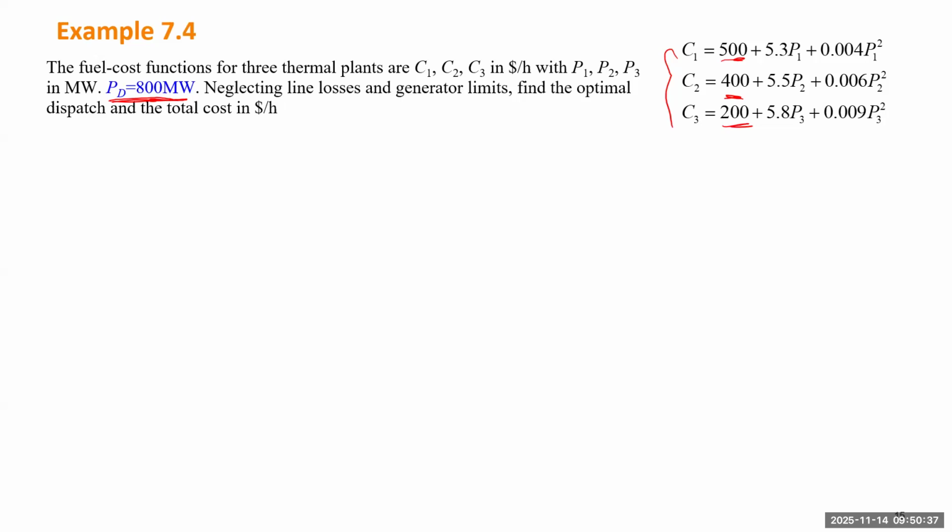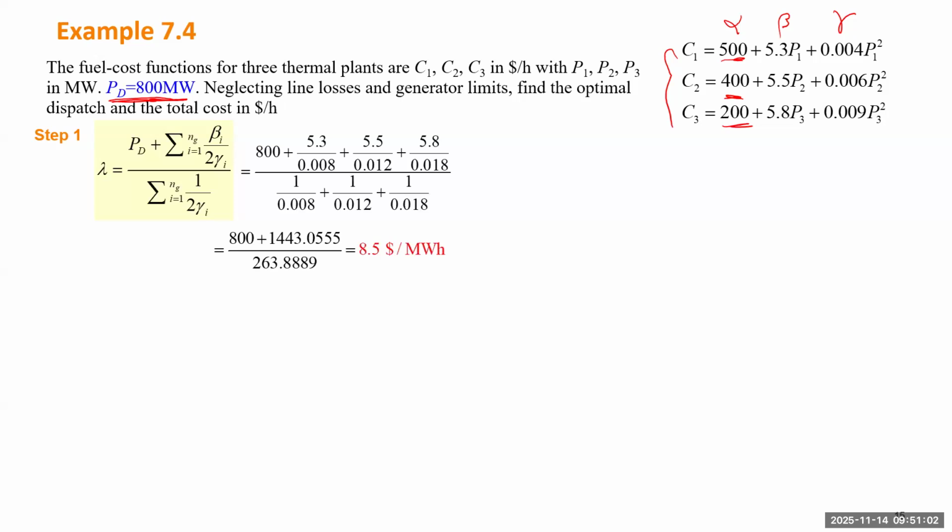So how do we solve this problem? Step 1, we just calculate the lambda because all the values are given. So here, this is alpha, this is beta, this is gamma. To calculate lambda, we don't need any alpha value. We just use the beta and the gamma. So you just go ahead and plug in the values. 800 is from the demand.